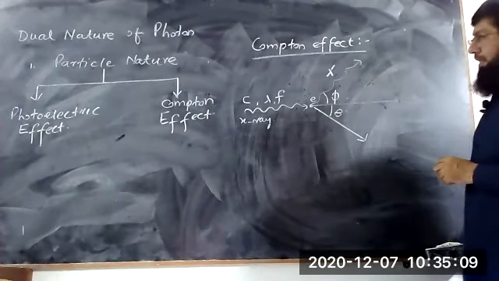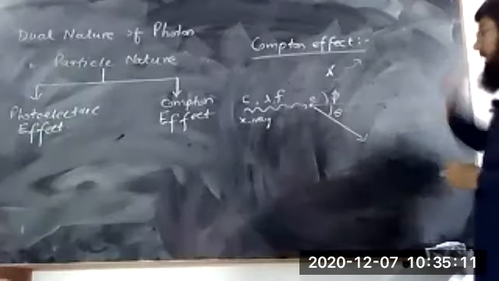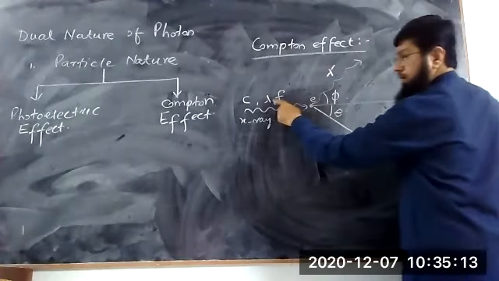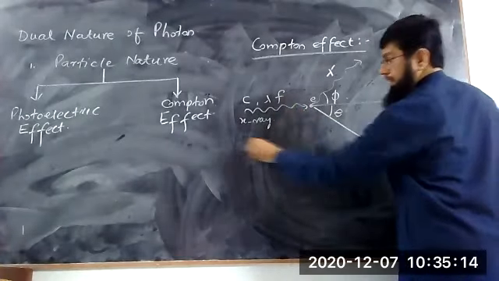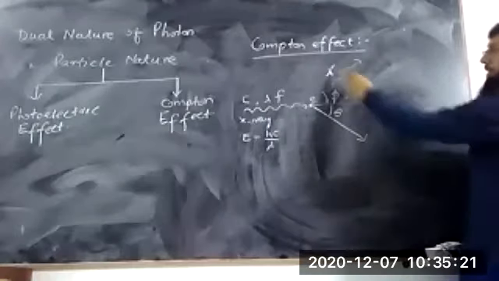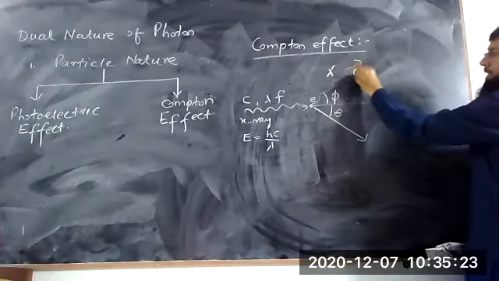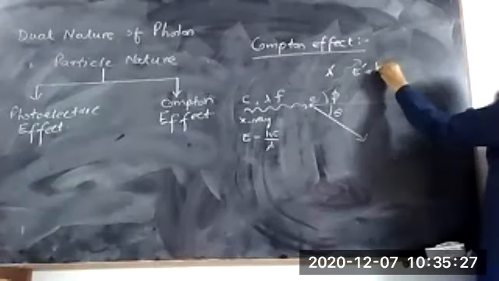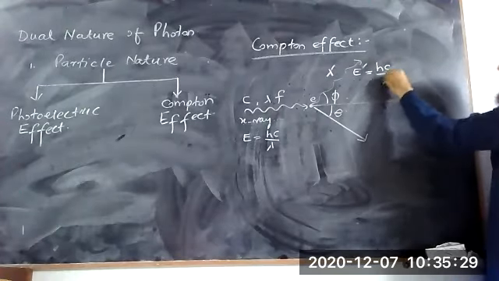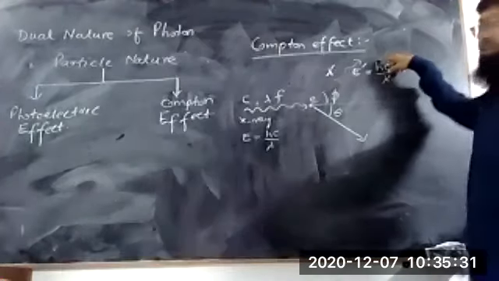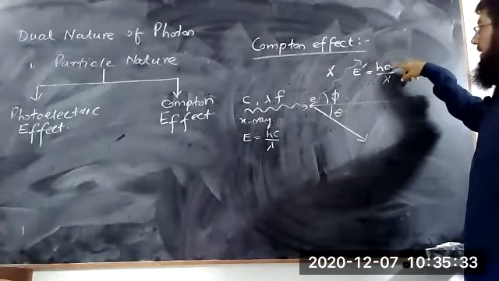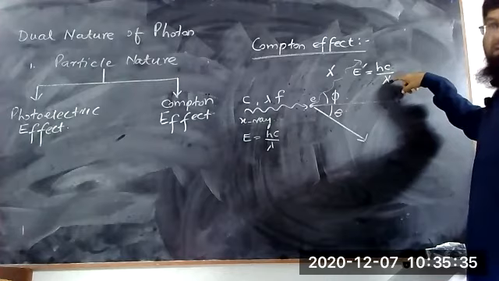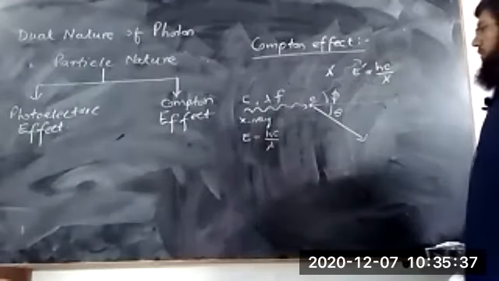The energy of the incoming photon is E equal to hc over lambda, and E dash, the energy of the scattered photon, is equal to hc over lambda dash, because h is Planck's constant, c is the speed of light, and lambda dash is the wavelength of the scattered photon.